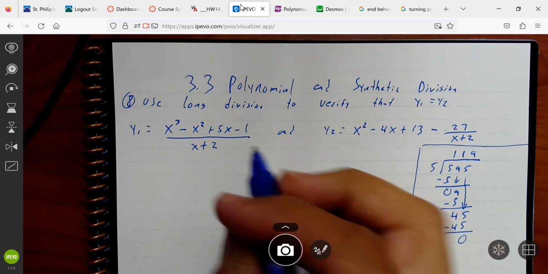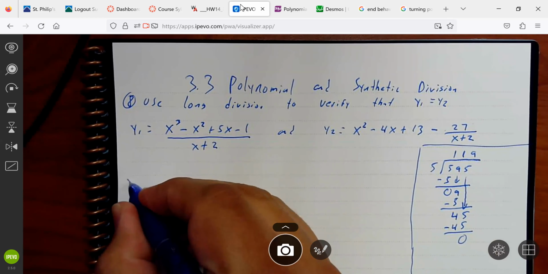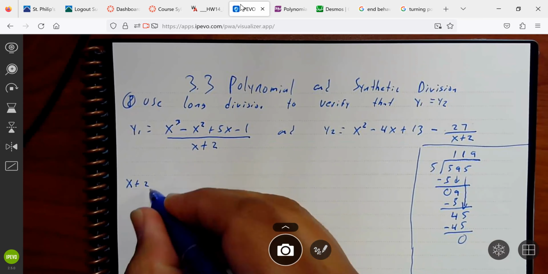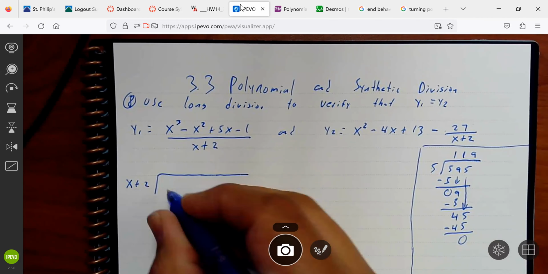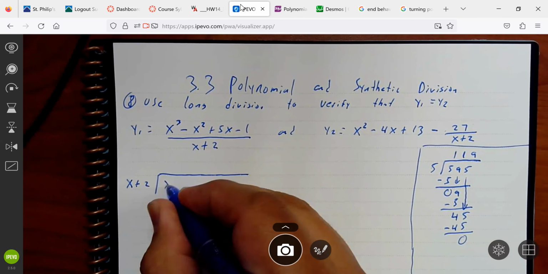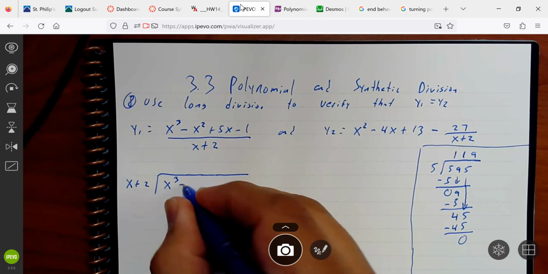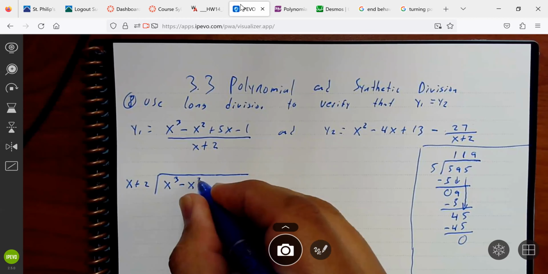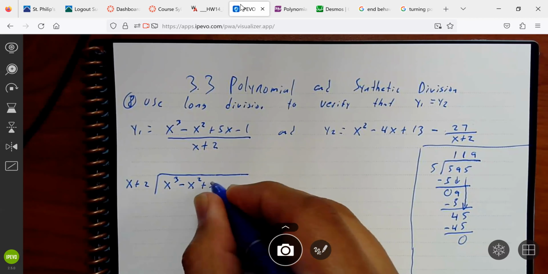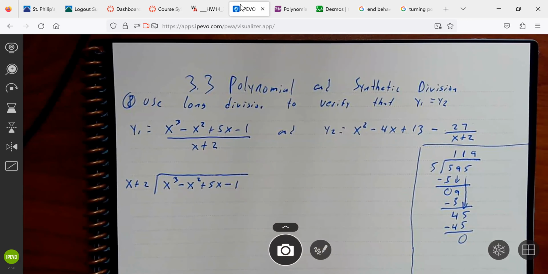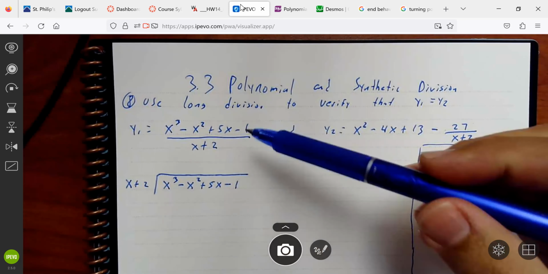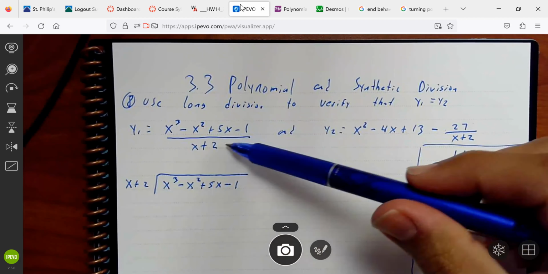So x plus 2 dividing into this. Because we all know that a fraction is the same as division, right?